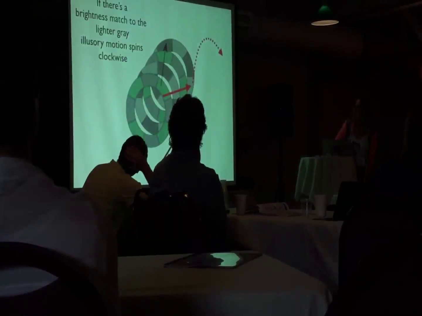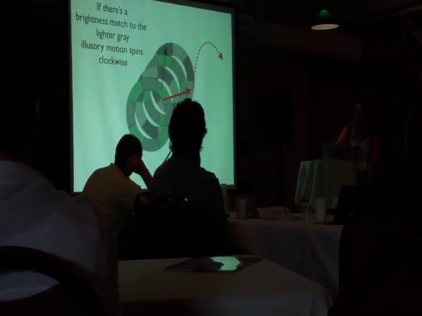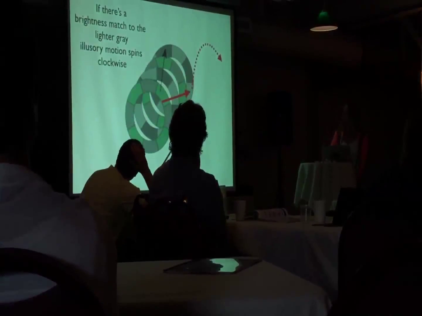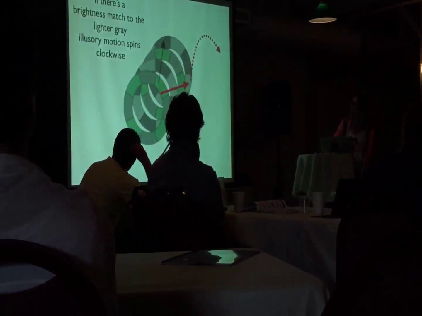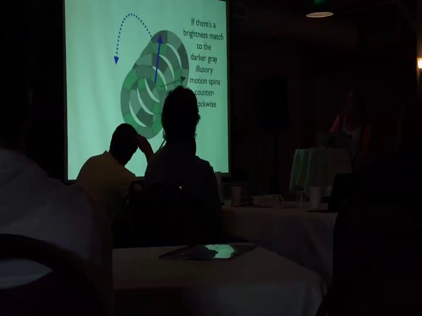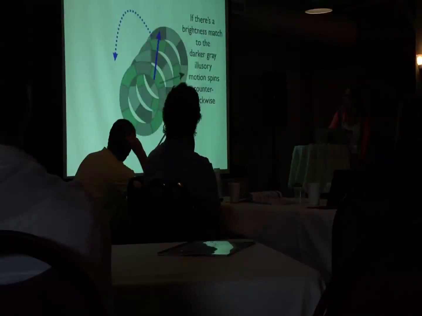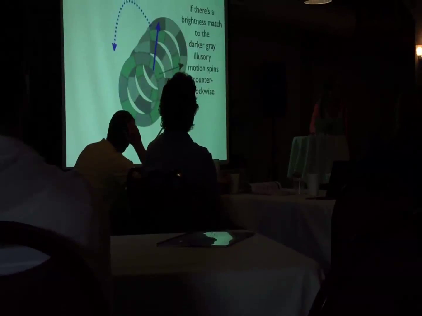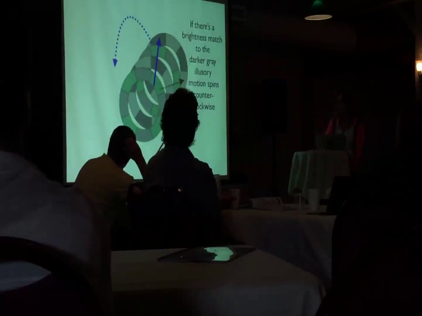And the idea is if there is a brightness match between the gray and the color portion of these frames, then it produces an illusory motion that spins in kind of clockwise direction. And if there's a brightness match to this darker gray that you see in these frames, then it turns out that there's an illusory motion that spins in a counterclockwise direction. Okay.